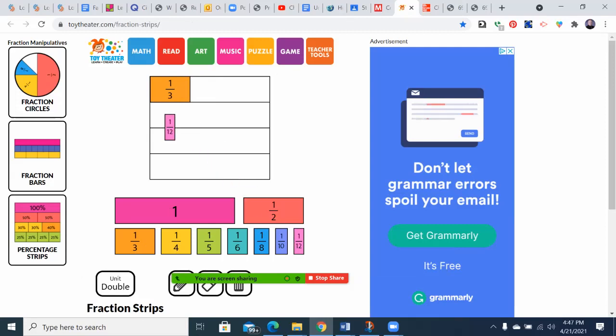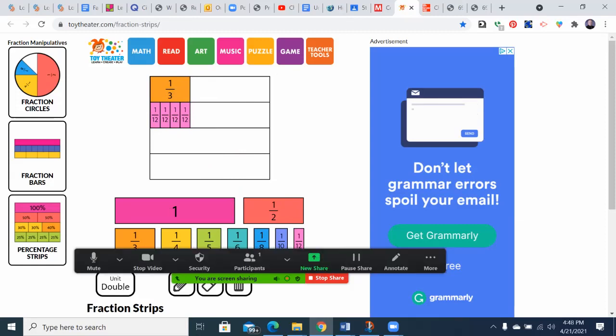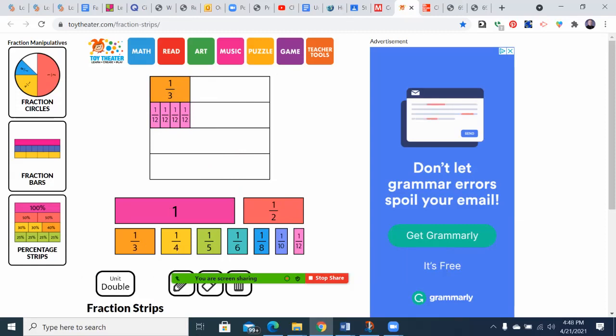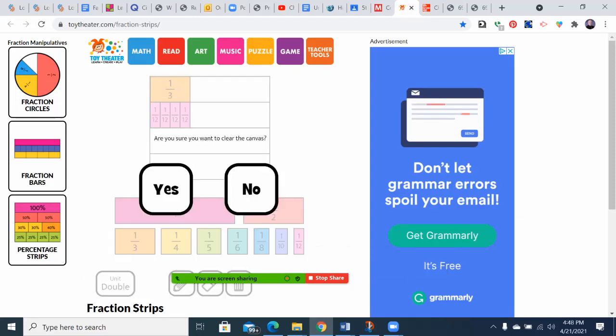Which one would it be? You'll get a model. And what I recommend is you multiply the denominator by that whole number. That's a spot to start. And let's see if we can get it. See if that works. It's 3 times 4 is 12. It does. It's super. So I know 1/3 divided by 4 is going to be 1/12.